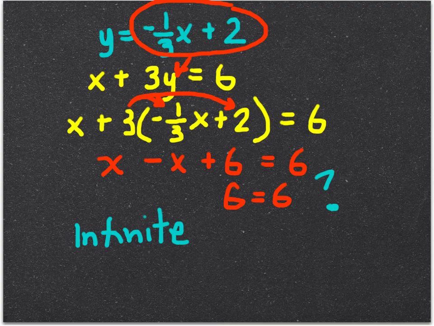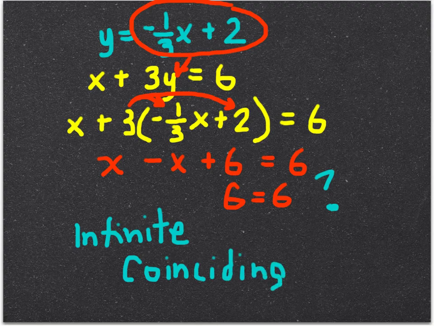And the word we're learning about here is that these lines are coinciding. That means they're the same line. They look different at first because they're in different forms, but when we really get down to it, they are exactly the same line. And when that happens, you'll get some weird looking stuff like this.